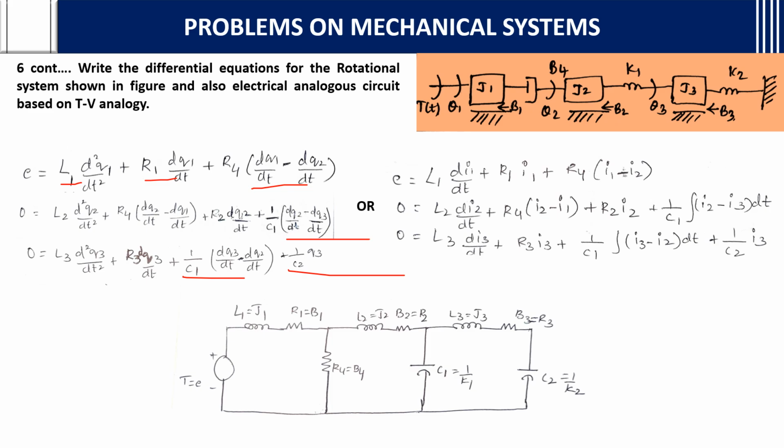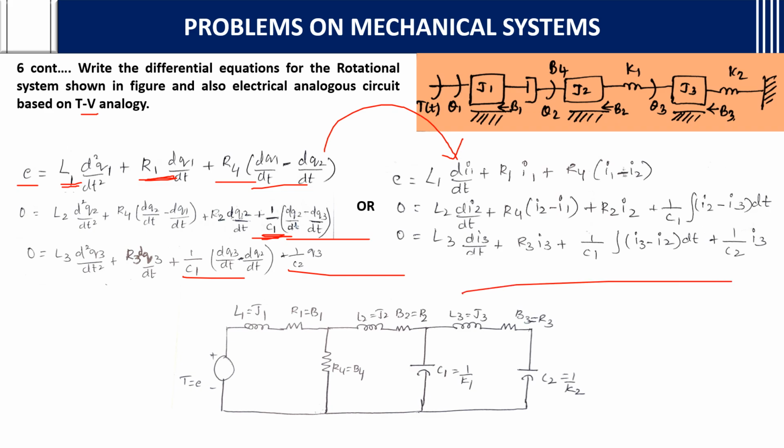For example, they are asking here for the torque voltage. So the torque will become E and the J will become L, and the dashpot, that is B1, will become R1, B4 will become R4, whereas the K element, the spring element, will become 1 by C1. And these Q terms can be written in terms of I also.